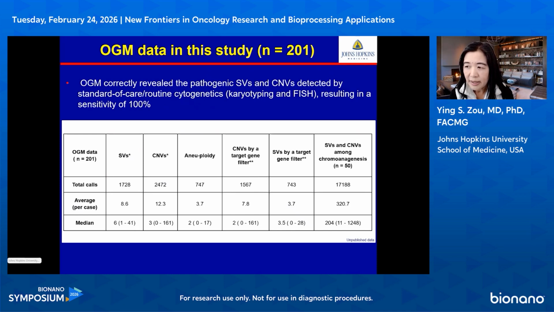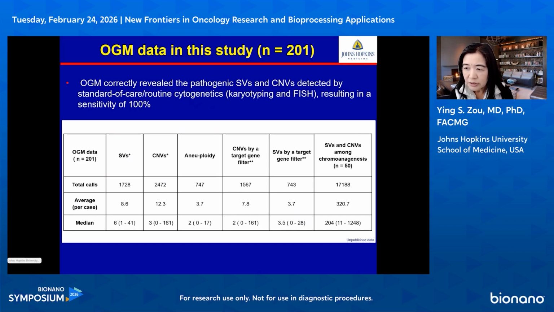In total, we detected more than 22,000 structure variants (SVs) and copy number variants (CNVs). After removing constitutional-related events, about 5,000 structure variants and copy number variants remained.